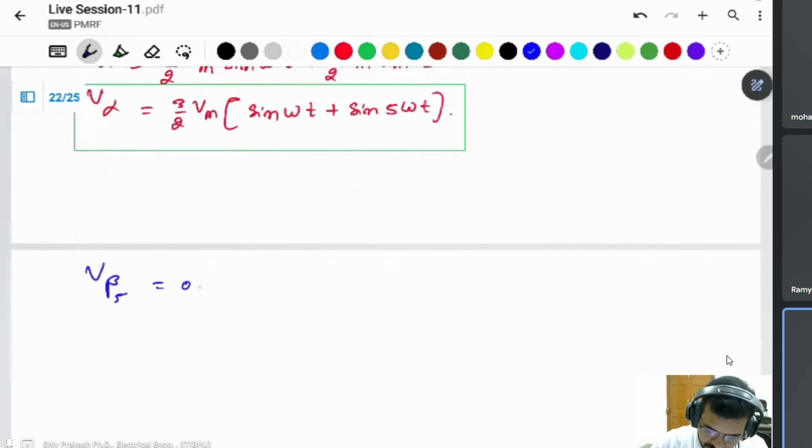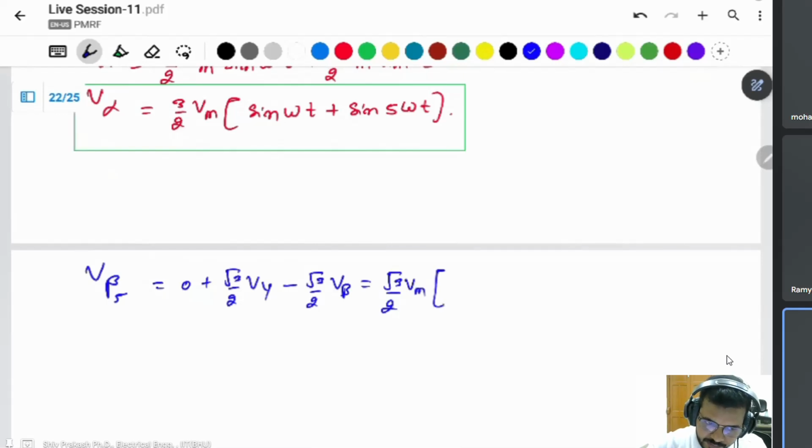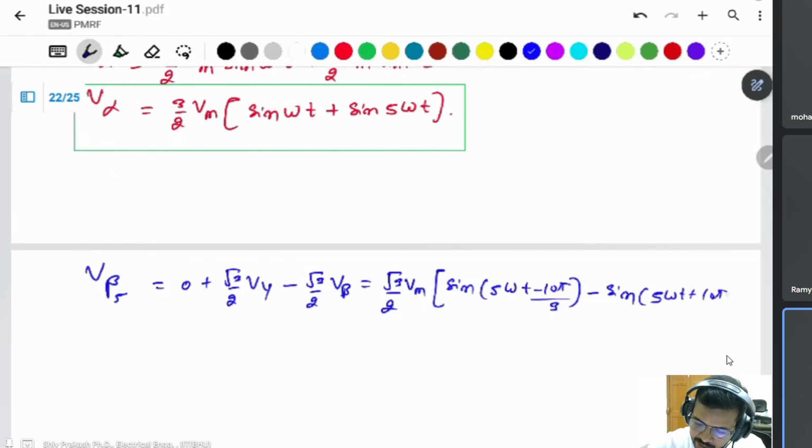Beta is equal to 0 first. Then √3/2 Va minus of √3/2 Vb, then √3/2 Vm will be common, sin of 5ωt minus of 10π/3 multiplication of 5, sin 5ωt plus 10π/3.